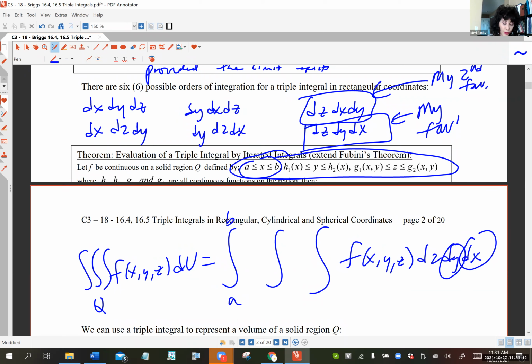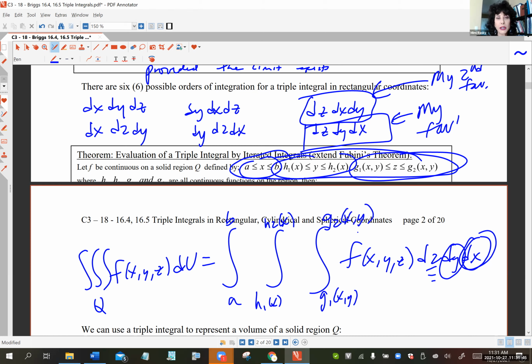Your middle integral is allowed to have variables, but the variables it could have can only be the outermost variable of integration. So let's say h1 of x, because they're telling us y goes between a low of h1 of x to a high of h2 of x. And then the innermost integral is allowed to have not z, because we're integrating with respect to z, but it could have x's and y's, so it'll be some function g1 of x, y for the lower limit and g2 of x, y for the upper limit.